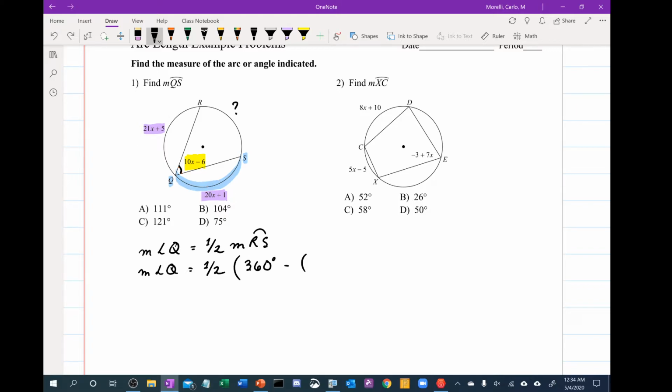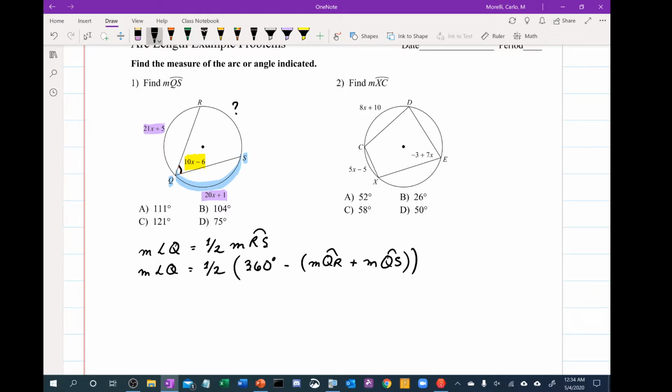So we'll write that in here. The first one is the measure of arc RQ or QR, I guess we could write it like this, which we know, plus the measure of arc QS. So this is the setup.